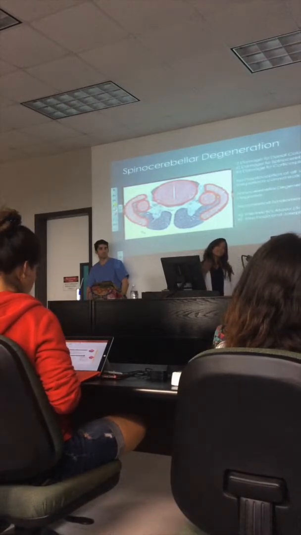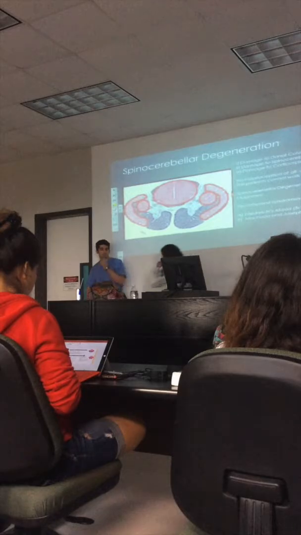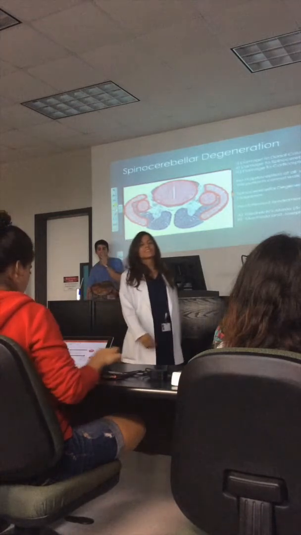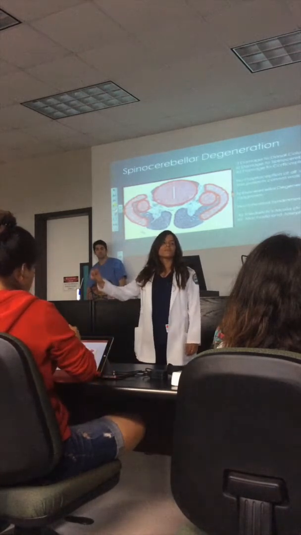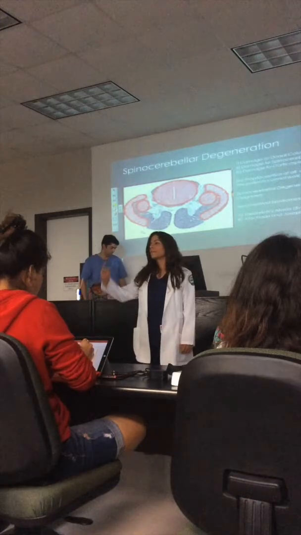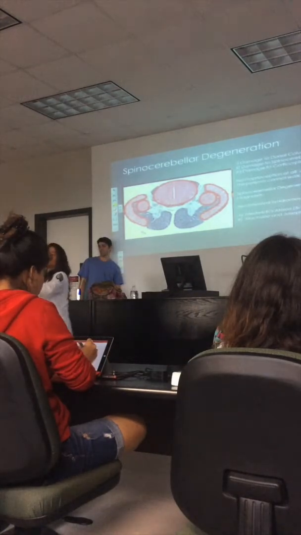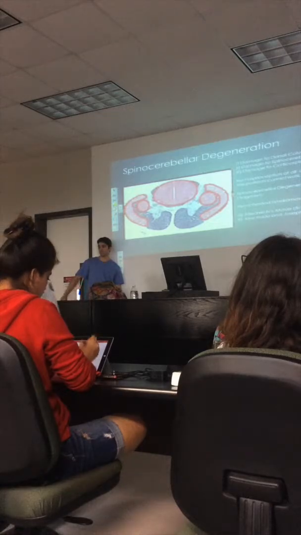So when you have dorsal column damage and spinal cerebellar damage, you lose proprioception. Spinal cerebellar, like I told you guys in the review, gives information to the cerebellum to correct movements.